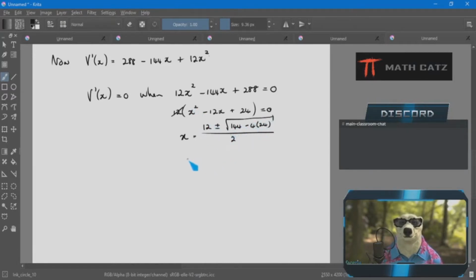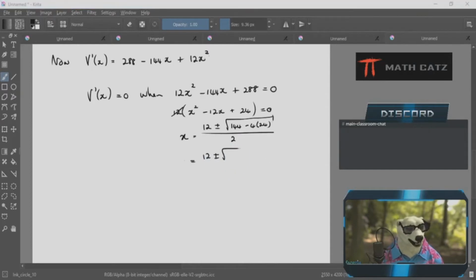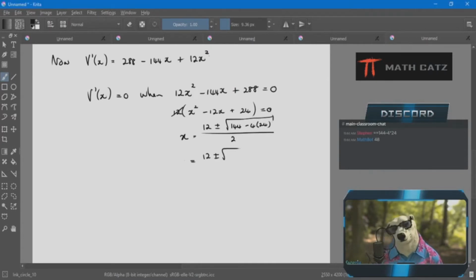I like to see what is inside the square root before doing a whole calculation. 144 minus 4 times 24. And I get 48, which then shows me why I couldn't factor it. It's not a nice integer.